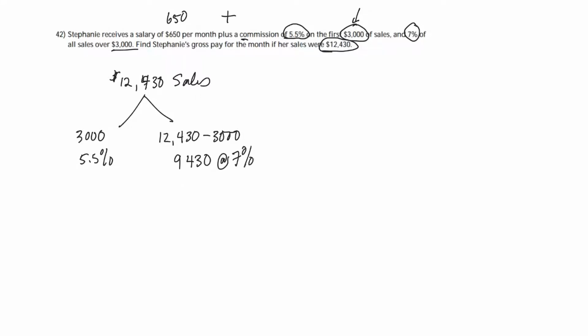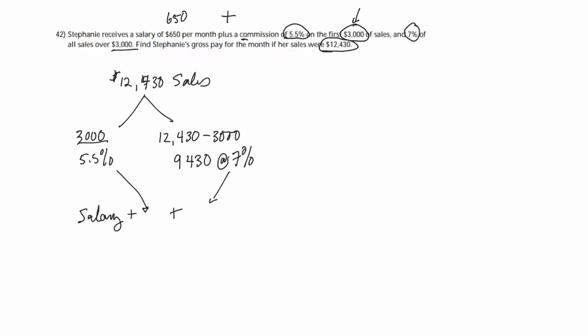That's 7%. Okay, so to figure out how much you get paid on that sales, you would do it this way. So her gross pay is going to be her salary plus the amount that she gets at 5.5% plus the amount that she gets at 7%.